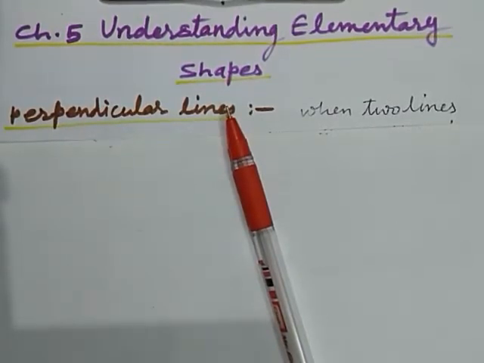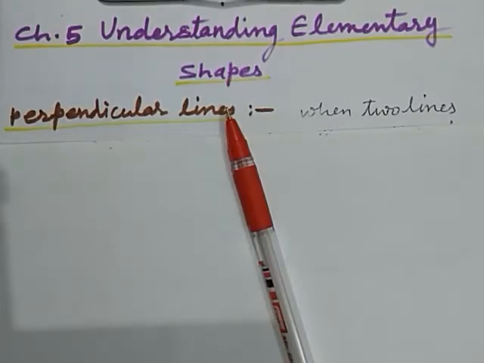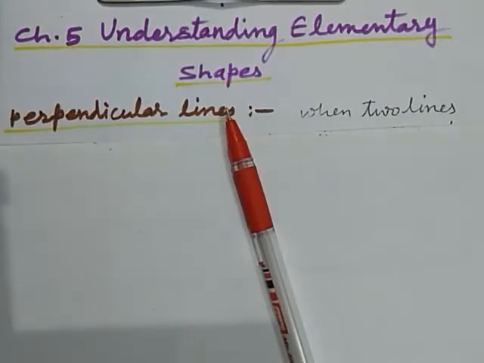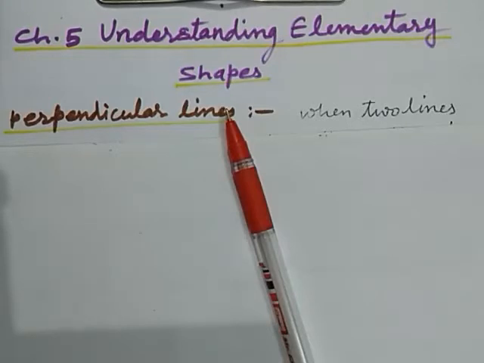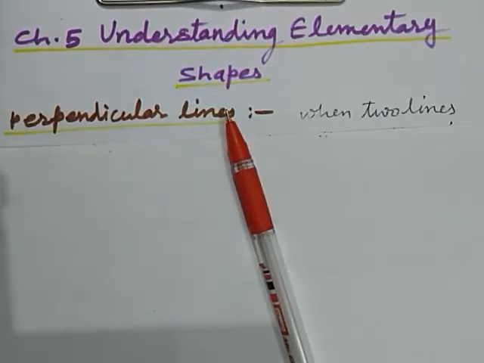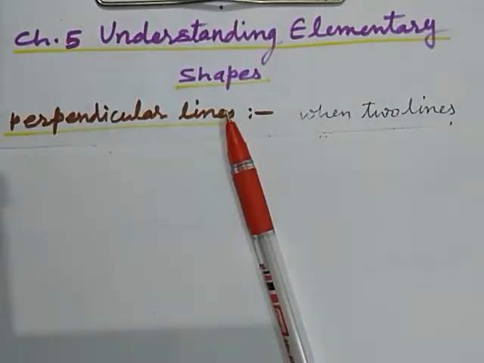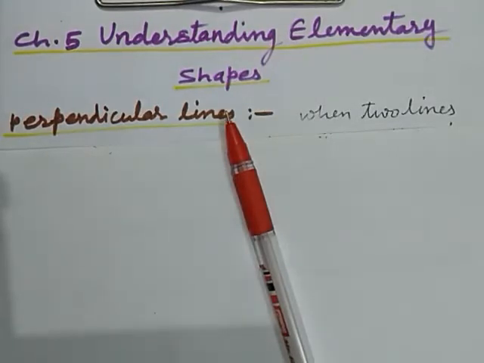Today we are continuing chapter 5, Understanding Elementary Shapes. Today we are discussing in this chapter perpendicular lines and classification of triangles, in which we learn different types of triangles.